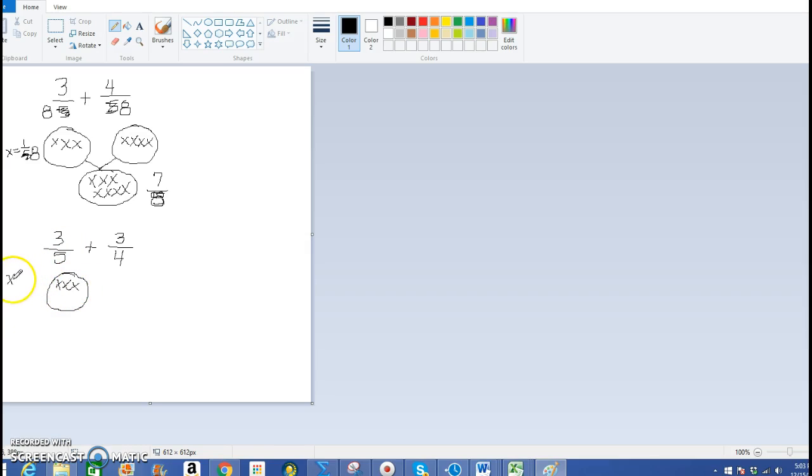I could come over here and say, all right, my x's are fifths, right? I better not use x's again because that would be pretty confusing. So I guess I'll use asterisks, right? So those are fourths. And when I dump everything together, I end up with 3 x's, and I end up with 3 asterisks.